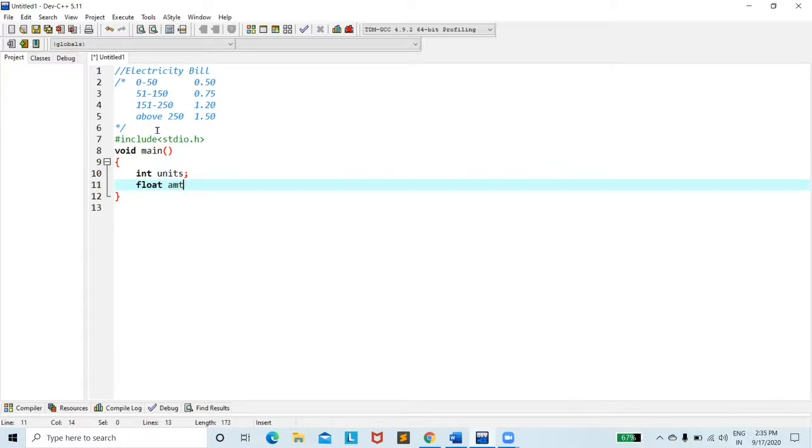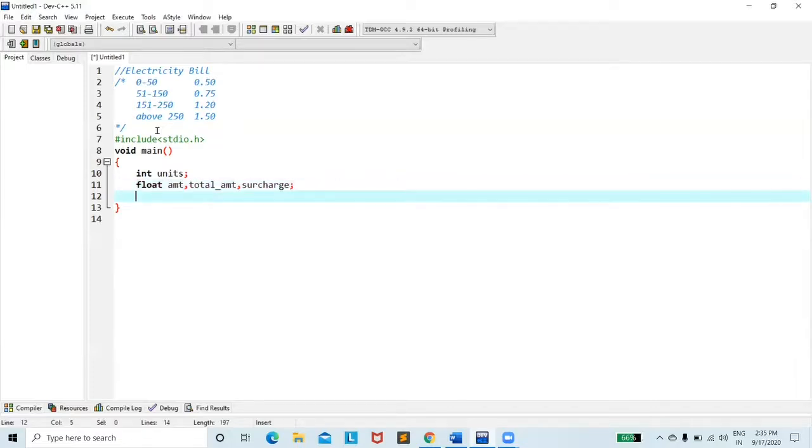One is amount, to calculate and store the amount, and the other one is total amount. We'll be calculating the surcharge also, right? So one variable for surcharge. For now, these are enough.